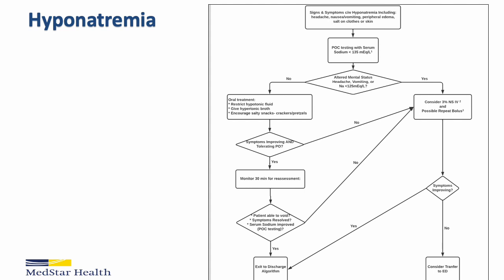In our races, we generally try to adjust for this with oral salt intake in patients who are awake enough to be able to take oral fluids, whether that's by electrolyte beverage, by salty bouillon, by salty chips, or something similar. The key here in diagnosing this, if we don't have a sodium analyzer at the finish, which in many races we do not, will be, again, the athlete who's been on the course for quite some time.